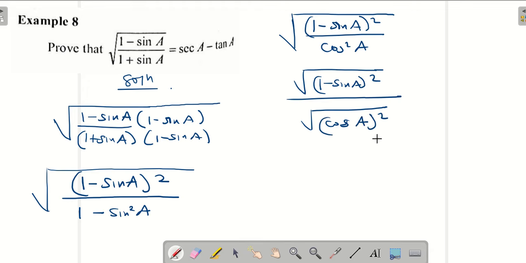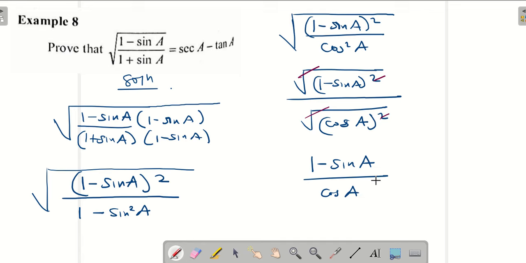So you can write it like this. Then remember that the square root will cancel this square, and the square root will also cancel this square. So we are left with 1 minus sine A all over cos A. So that is going to be the answer.